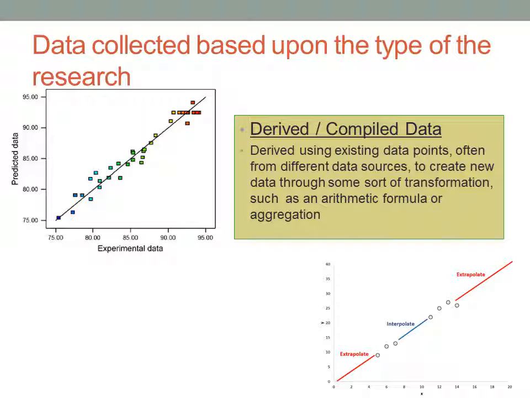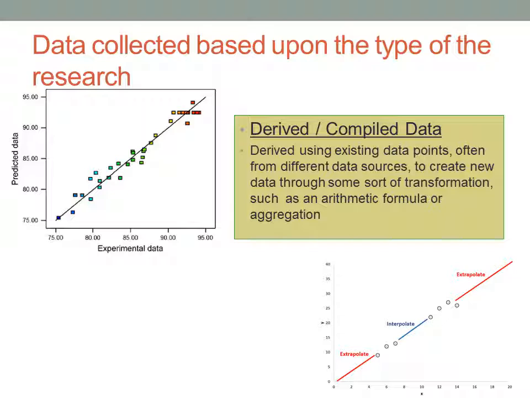So usually in research you may use such type of data. You are not going to use the raw data as it is, but it will be derived based upon different transformations, whether it is an arithmetic formula or an aggregation. So you can use different techniques. As I said, you can use interpolation, extrapolation of XY based graphs, and also you can make use of the slopes at different points.